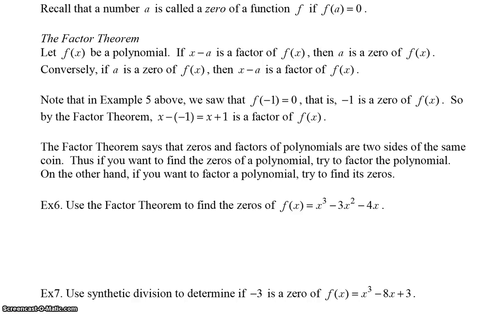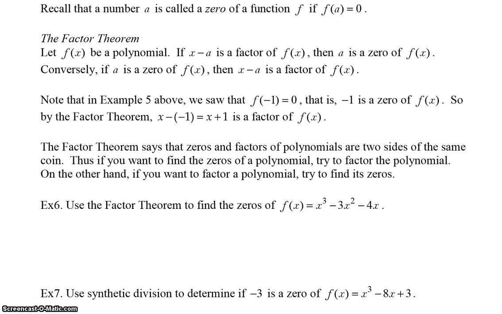The factor theorem says the following: let f of x be a polynomial. If x minus a is a factor of f of x, then a must be a zero of f of x. Conversely, that is if we reverse the statement, if a is a zero of f of x, then x minus a is a factor.